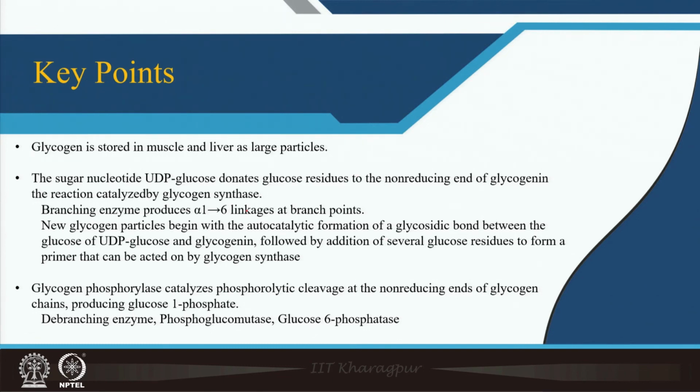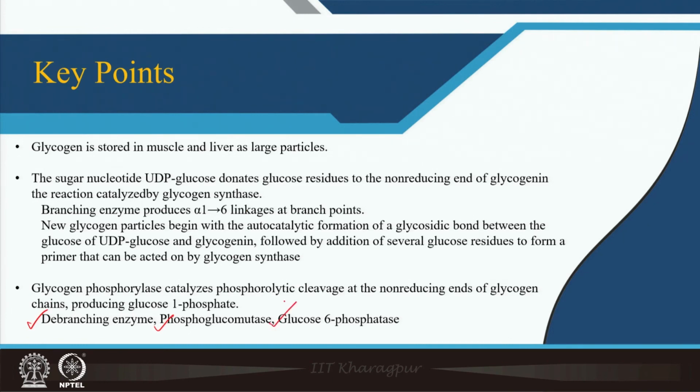On the contrary, in glycogen breakdown the main enzyme is glycogen phosphorylase. It catalyzes phosphorolytic cleavage at the non-reducing end of glycogen and produces glucose 1-phosphate. Glycogen breakdown also involves debranching enzyme, phosphoglucomutase as well as glucose 6-phosphatase.